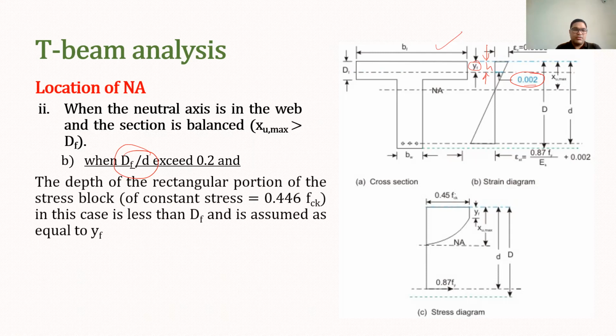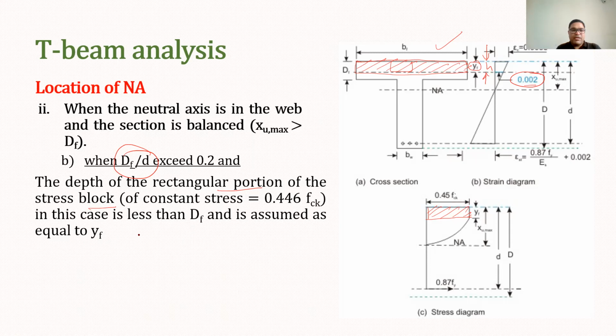So here, as I said, the depth of the rectangular portion of the stress block, we are talking about this rectangular portion. This rectangular portion will lie within this part of the flange. In this part, stress will be constant, and some part of the flange will not have constant stress.